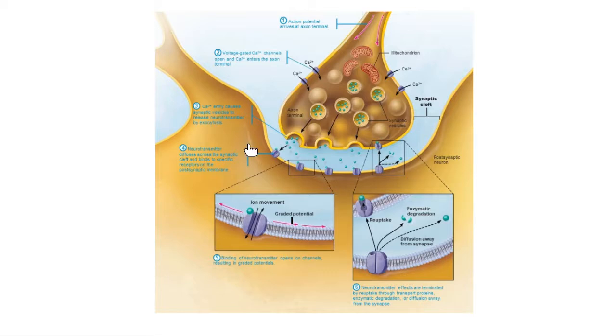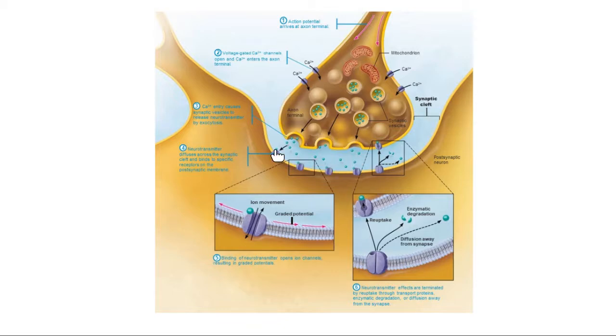When we think about the way that neurons talk to each other, we've got this synaptic cleft space where more than one presynaptic neuron might be releasing neurotransmitters.